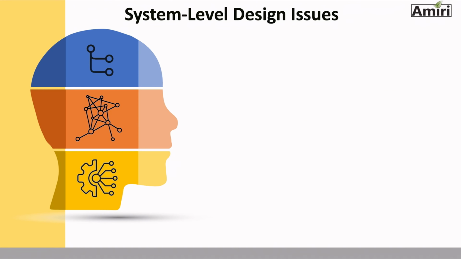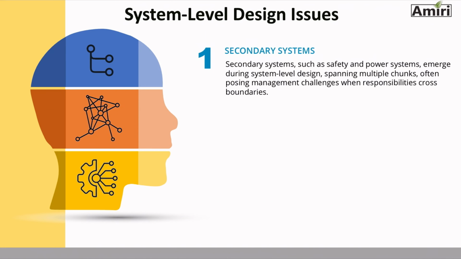The 4-step method for establishing product architecture that we talked about guides the early system level design activities. But many more detailed activities remain for the project. Here we discuss some of the issues that frequently arise during subsequent system level design activities and their implications for product architecture. First one is secondary systems.